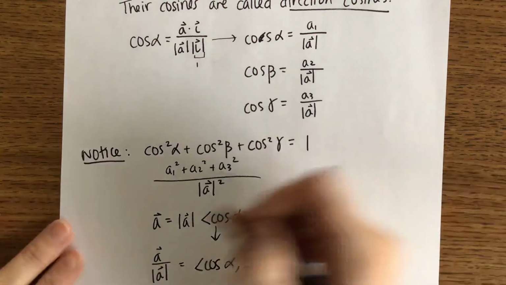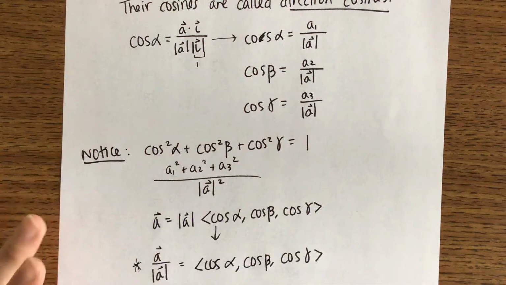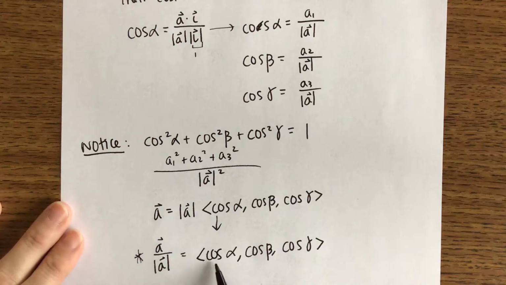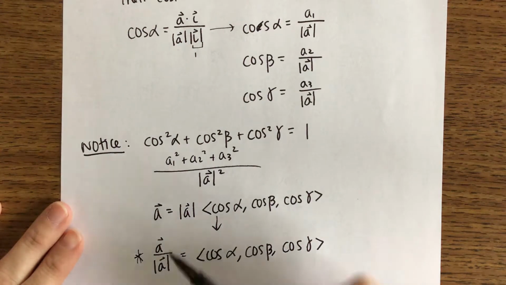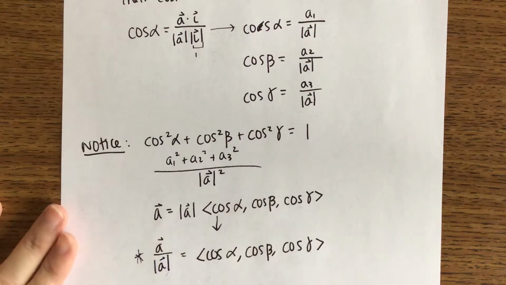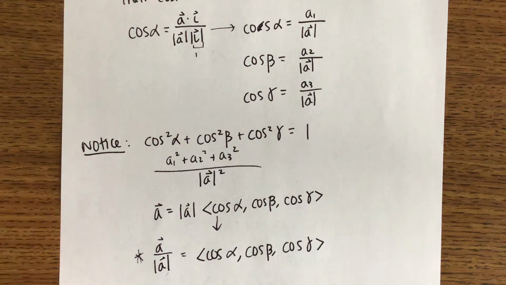Why would I bother to show this to you? What that shows us is that the direction cosines form a unit vector in the direction of A.